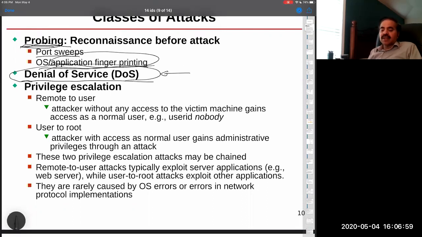And in addition, these services are able to deal with, or block, these denial of service attacks.